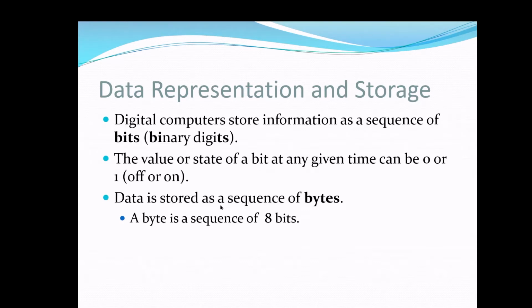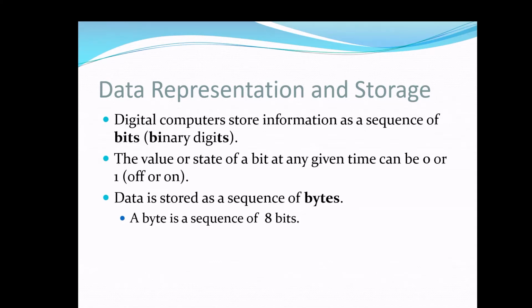Now, when we talk about computers, typically we don't say the number of bits. When we're talking about how much RAM memory or how much data storage you have, like on your hard drive or your SSD, we refer to that in terms of bytes. A byte is just a sequence of 8 bits. You're taking a group of 8 bits and calling that one byte, right? And with modern computers, we talk in terms of gigabytes and terabytes.